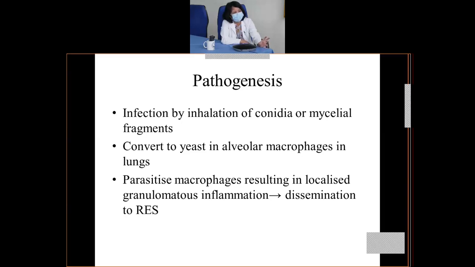Once they are phagocytosed by these macrophages, they convert into yeast, and through these macrophages they can result in dissemination to the other reticuloendothelial system. The parasitized macrophages result in localized granulomatous inflammation, which can result in dissemination to other parts of the body, primarily the reticuloendothelial system.